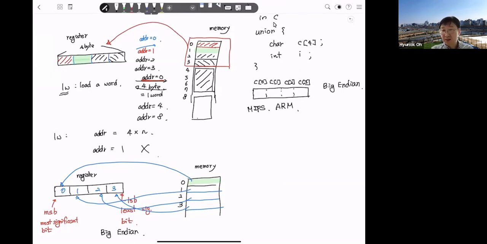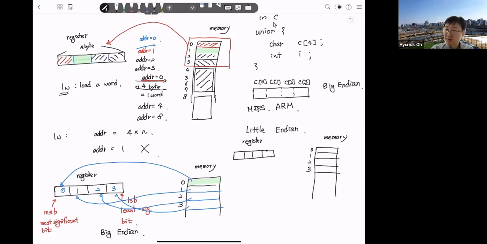So then there may be another one, right? There is little endian also. Maybe you can guess what little endian is. The little endian case is the opposite. So there is a 4-byte register, and there is a memory, with 0, 1, 2, 3.